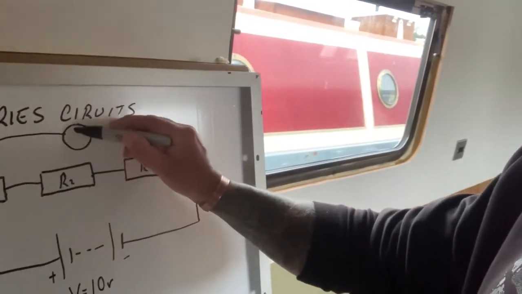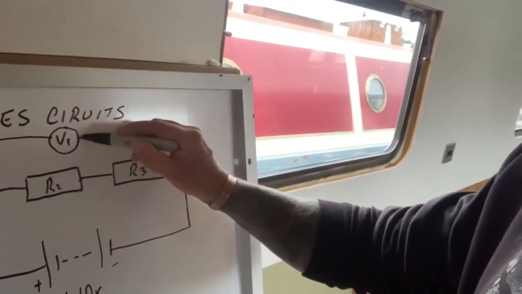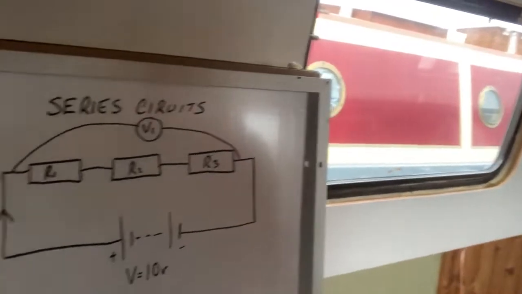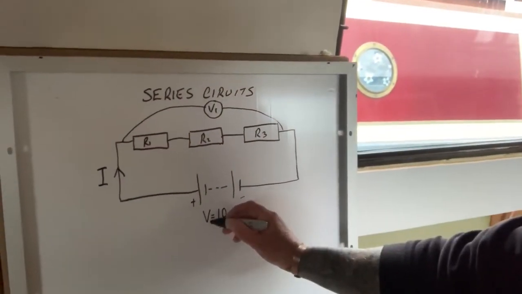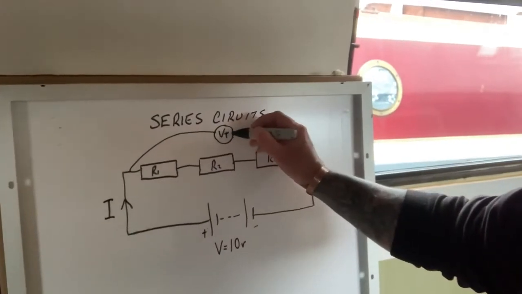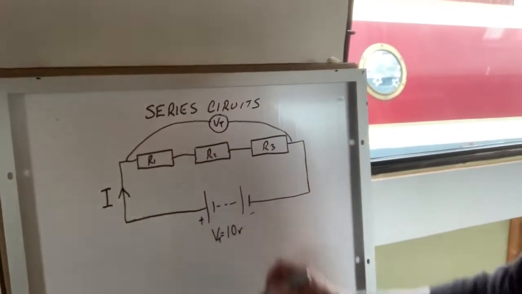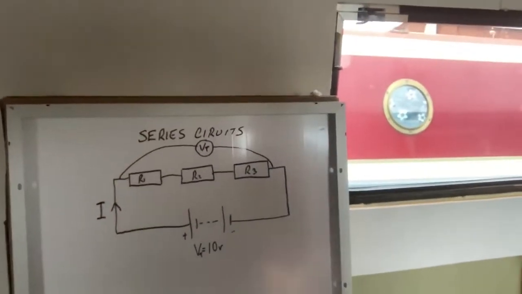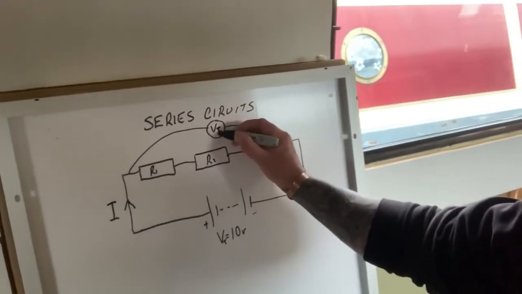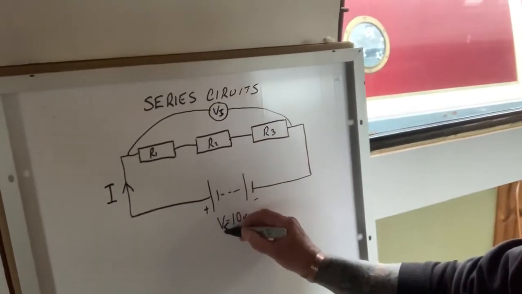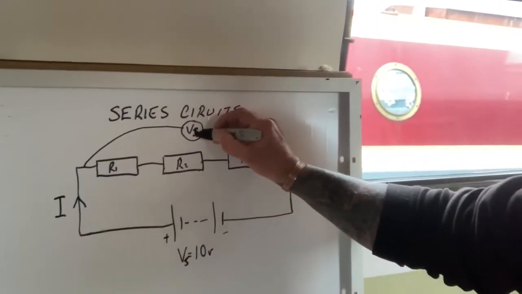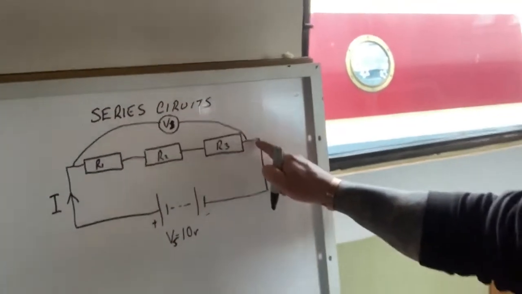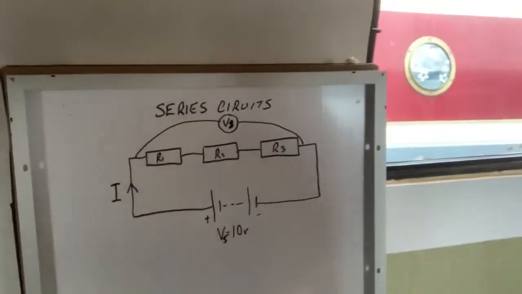If we put a meter in there, that V1 is across all of those resistors. Let's call that VT, V total maybe, or perhaps VS would be better, voltage supply. So I've changed that to VS. VS is across all three resistors.